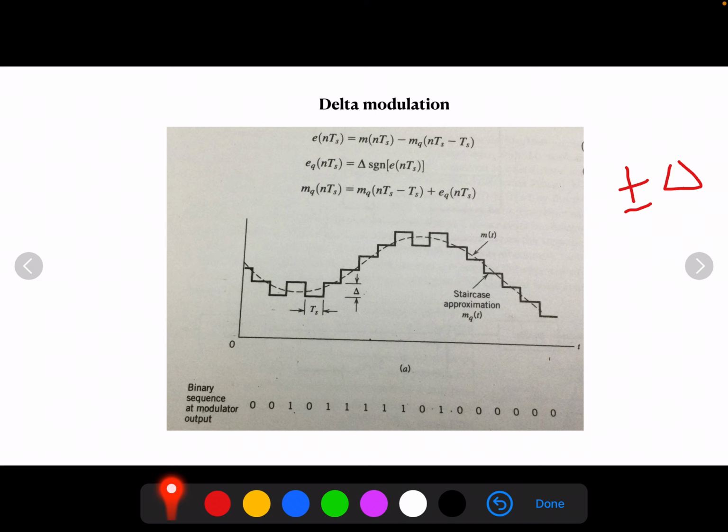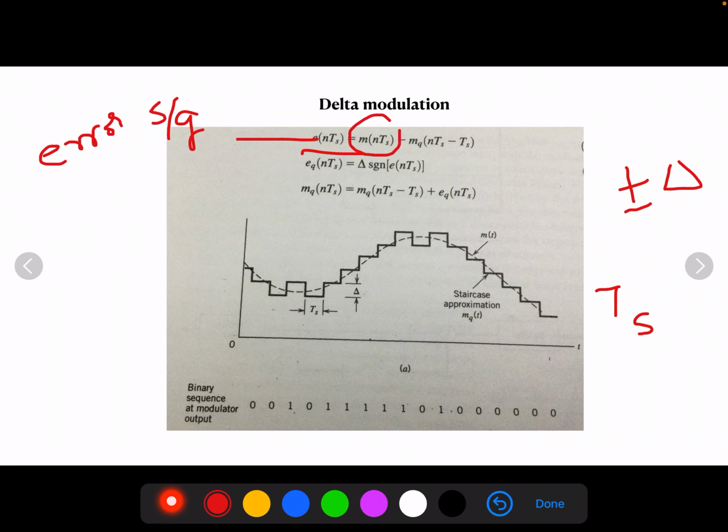Here Ts is the sampling period and e(nTs) is the error signal, representing the difference between the present sample of the input and the latest approximation.